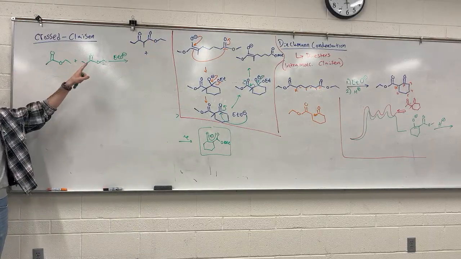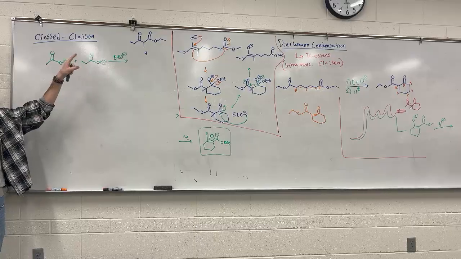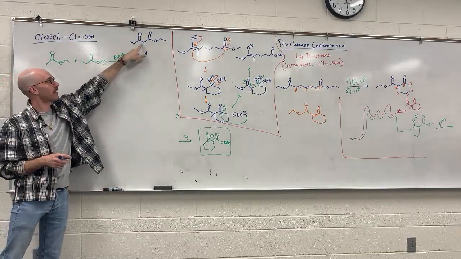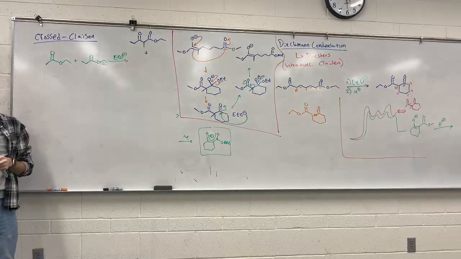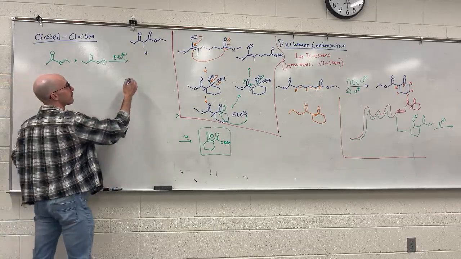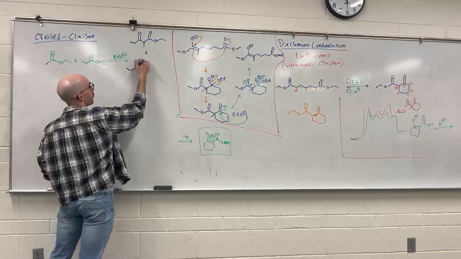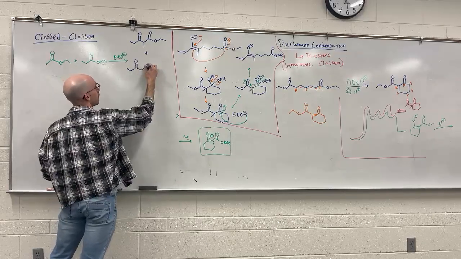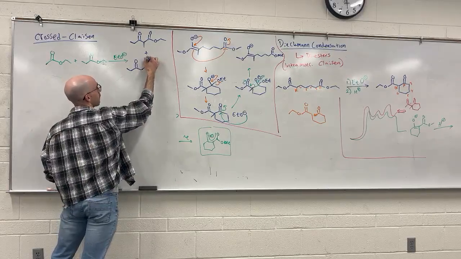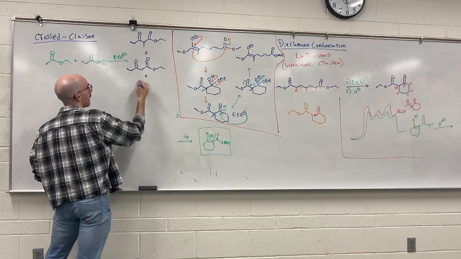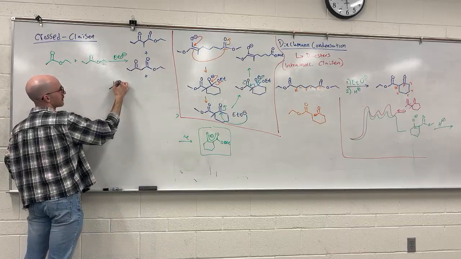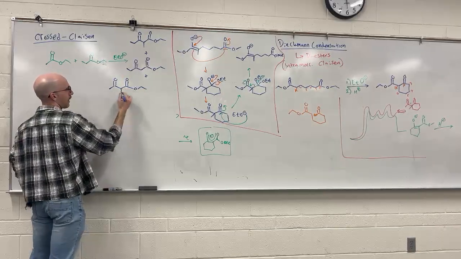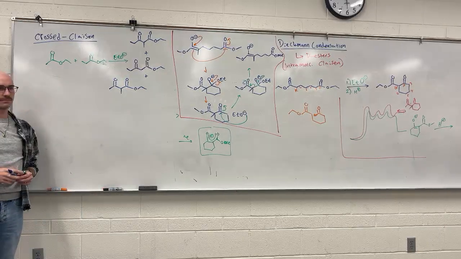Notice how that looks a lot like our first product from ethyl acetate, but I've extended the carbon chain at both alpha positions. I could have ethyl propanoate being attacked by ethyl acetate. I could have ethyl acetate being attacked by ethyl propanoate.